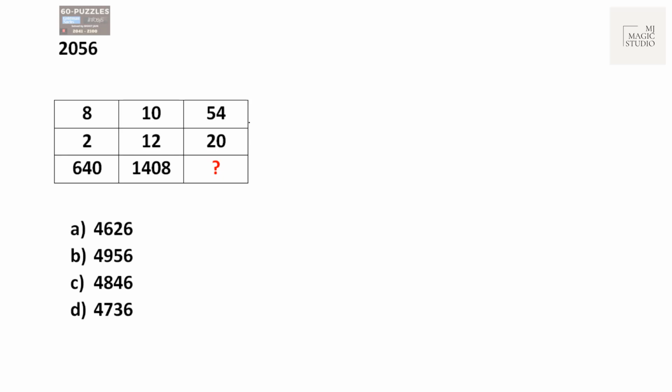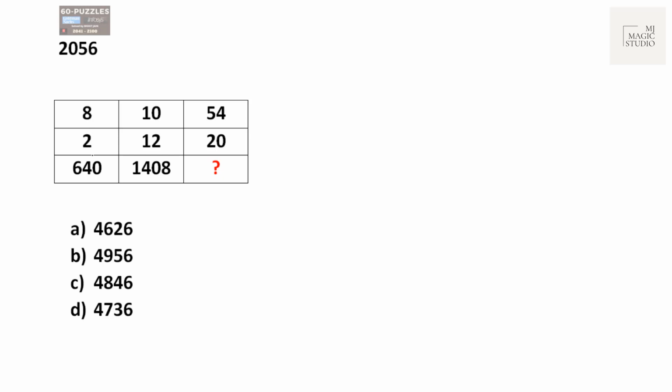Okay. Columns, this one is missing. An exact question from an Infosys Drive, I guess. Yes, it is. 640 by 8 will give 80, but 140 is not divisible by 10.